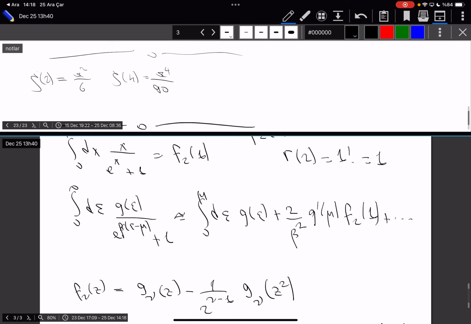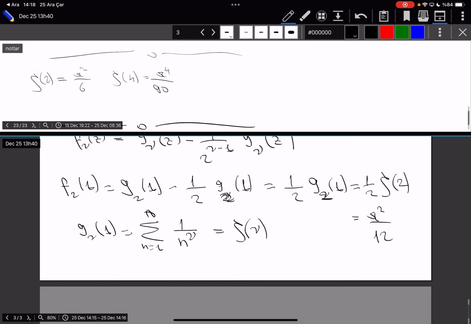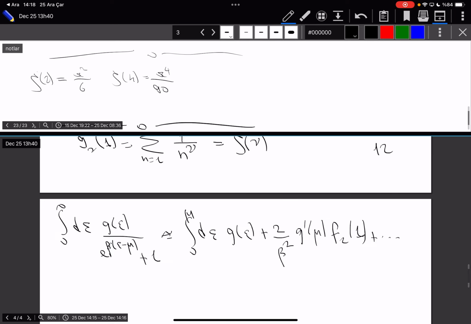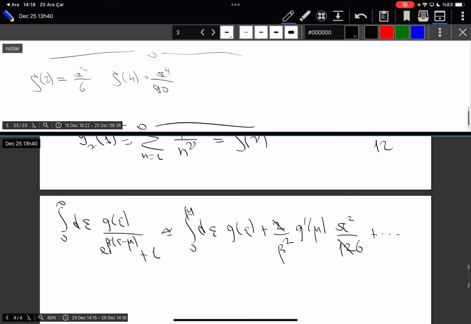And if we go back, now we have an approximation of this integral. This is pi squared over 12. So these two cancel, 6.